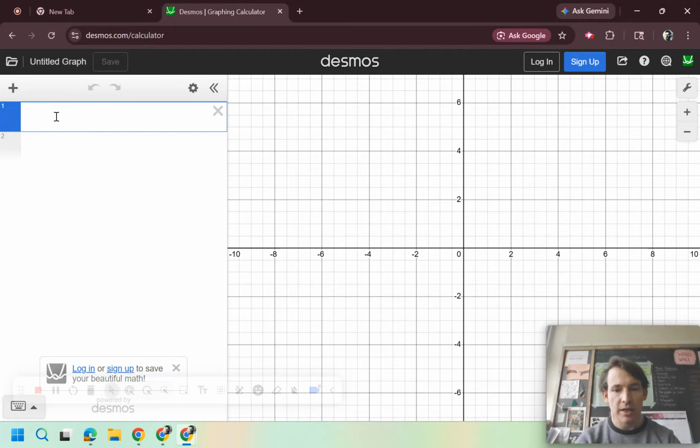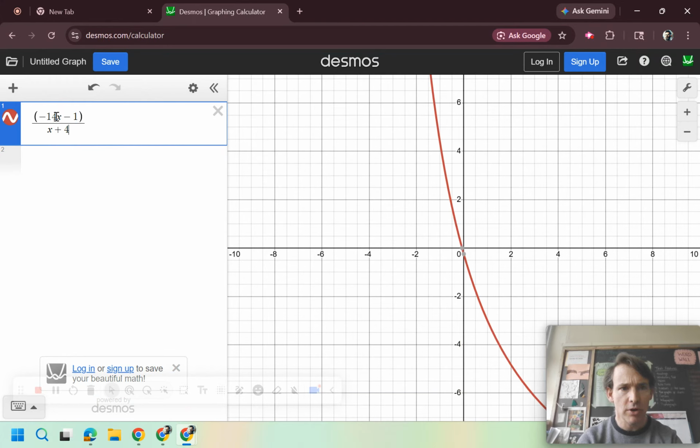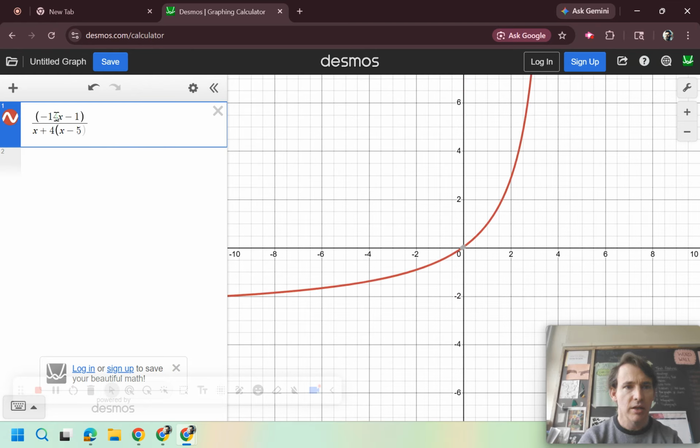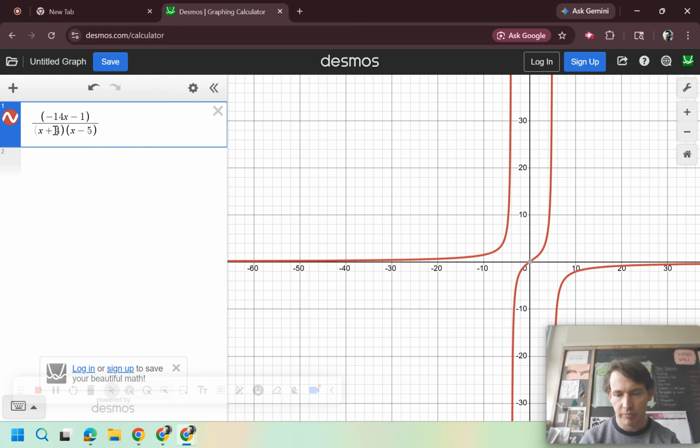And we look at minus 14x minus 1 all over x plus 4 multiplied by x minus 5, and the brackets, like so. I think it's multiplying 4 by x minus 5. Yes, you are right. So that's better. Yeah, so it's one of these that has these funky asymptotes.